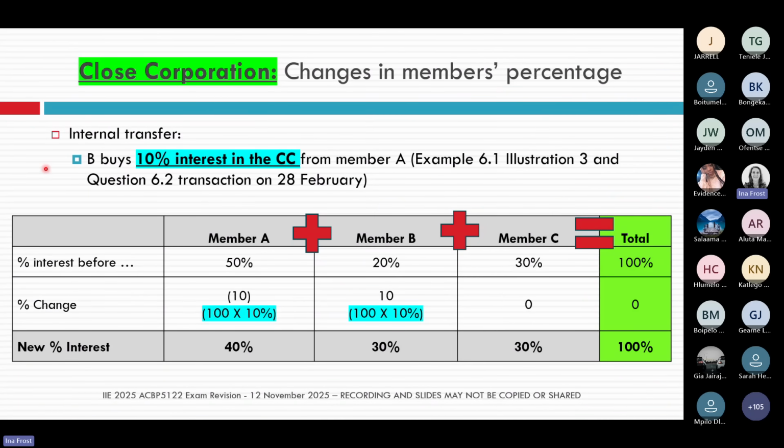Then we have the internal transfers, and here is where you have to make sure you're reading your wording carefully. Here we have member B buys a 10% interest in the CC from member A. This should be read as member B buying 10% of the entire closed corporation, and the entire closed corporation is 100%. So member B is buying 10% of 100%.